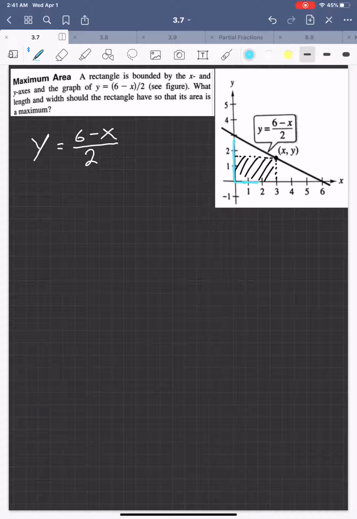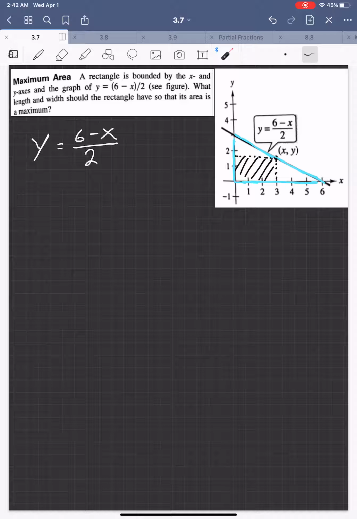So now you can see that, at this stage, we have been able to box in some region of the graph. All right. And now the question is, what length and width should the rectangle have so that its area is a maximum? Does it make sense to you that, take this point right here, as I start to move this point up or down, the length and the width are going to change. If I move this point this way, the length and the width are going to change.